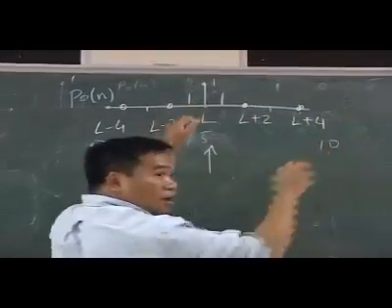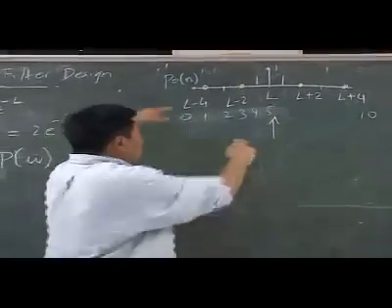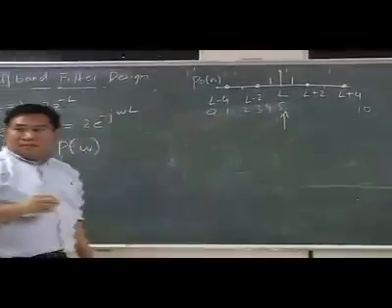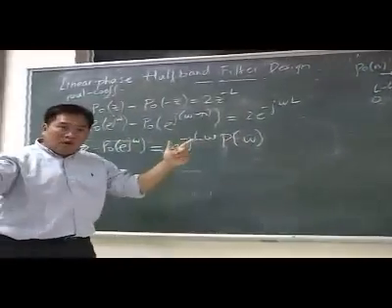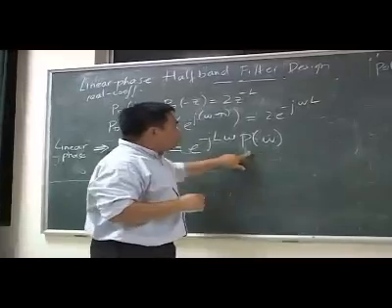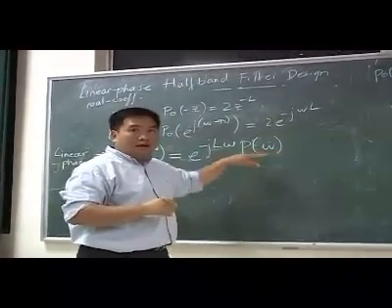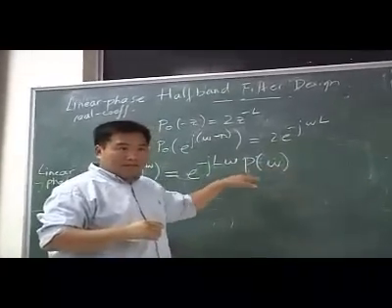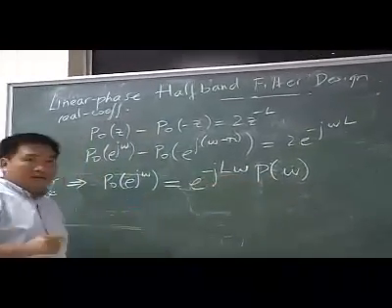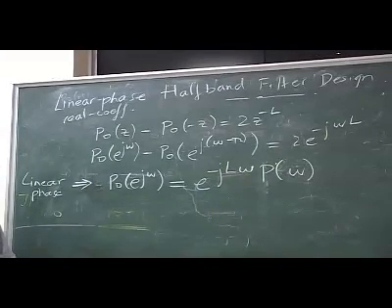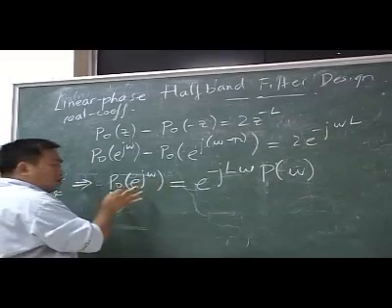At the end, you have L omega, because you have 0 to L. Is that clear? I'm grouping all of that into an expression I call P of omega. Now it's only a function of omega. This is basically no phase in here, right? Okay? It's a real quantity. And this is a direct property of a linear phase system.